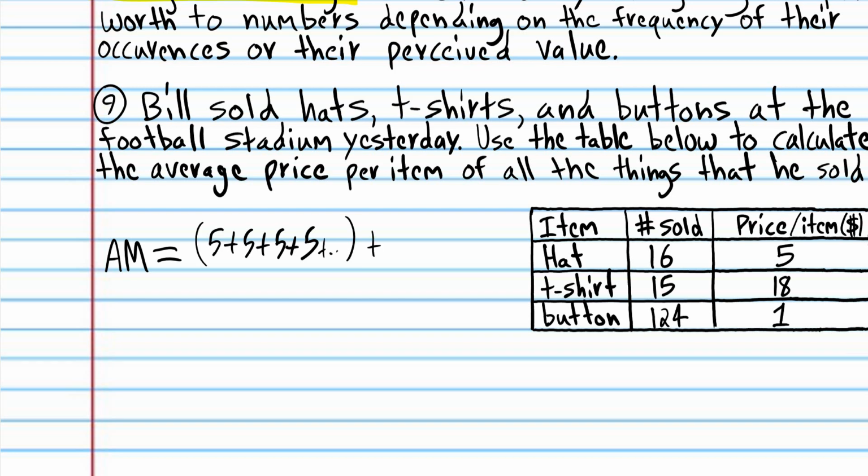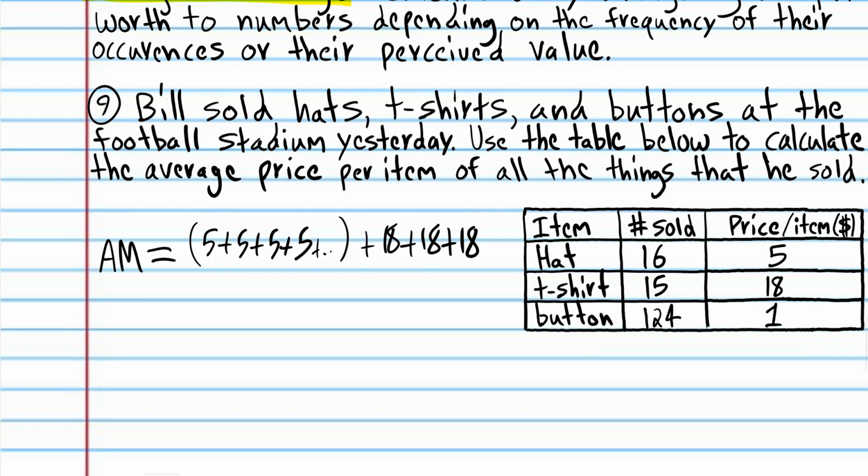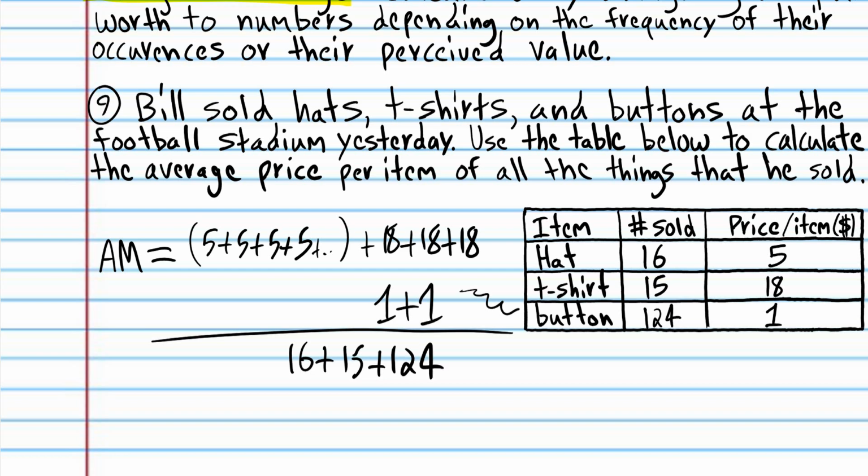But then we're going to add 18 15 times, because each one of those numbers represents a sale. Then we're going to add 1 24 times. And then we're going to divide that sum by the total number of things that he sold, or the total number of sales, which is the sum of the numbers in this column. So that is the arithmetic mean.